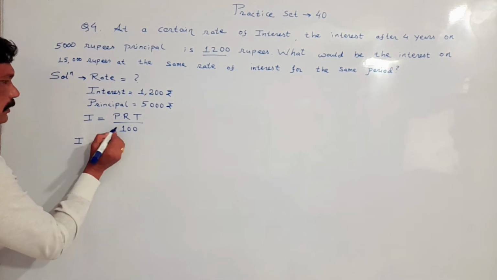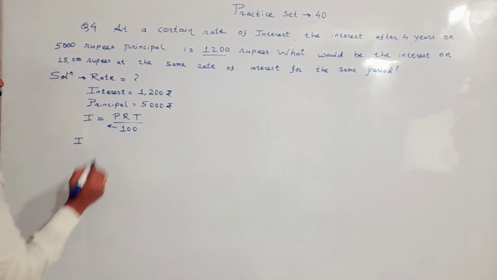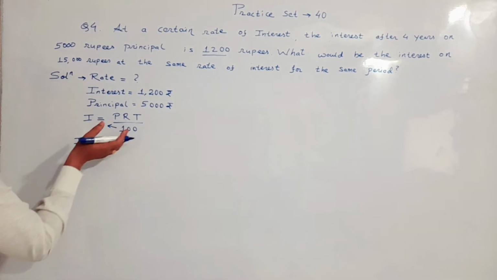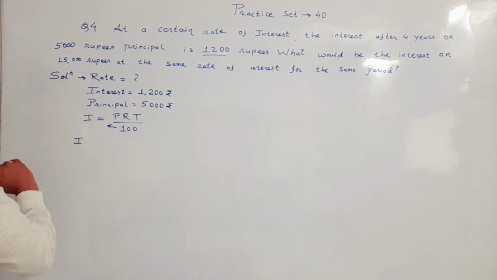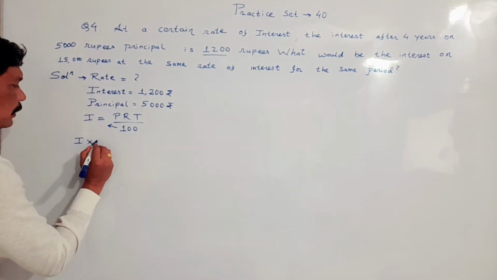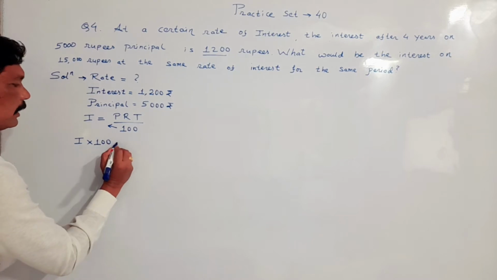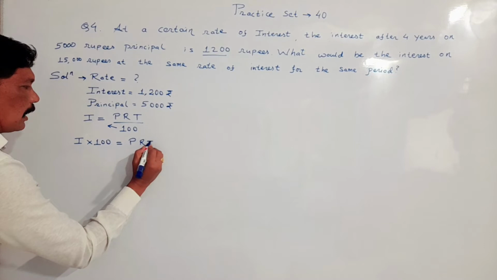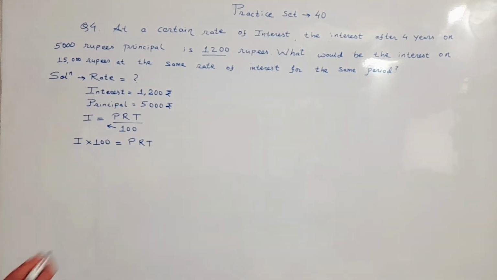So we will take 100 to the other side of the equation. Here it is in the denominator, so when we take it to the other side of the equation, it will become multiplication. So I into 100 is equal to PRT.